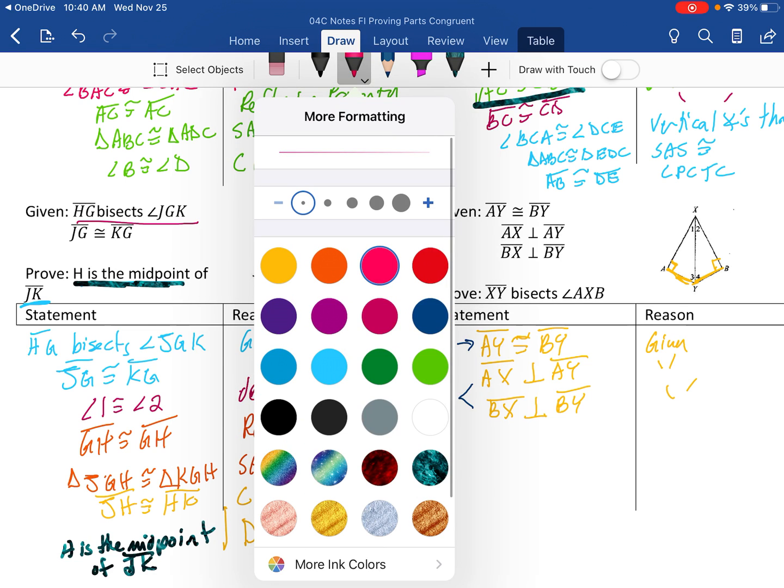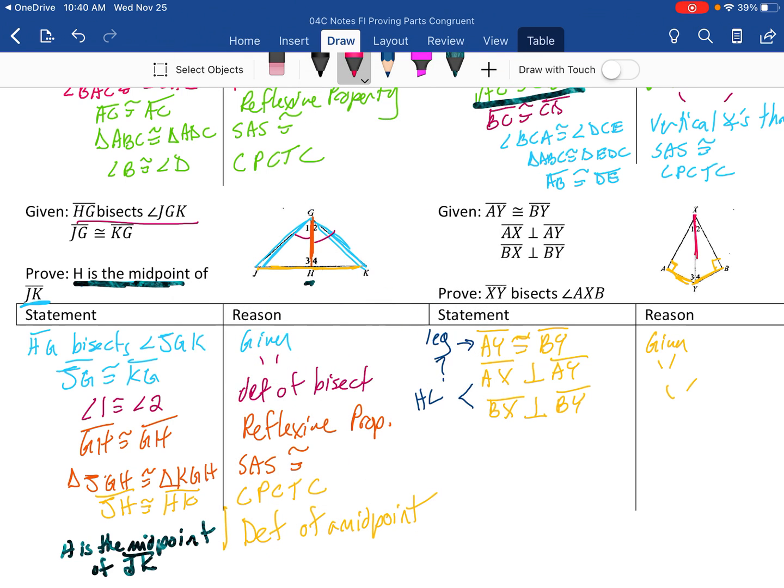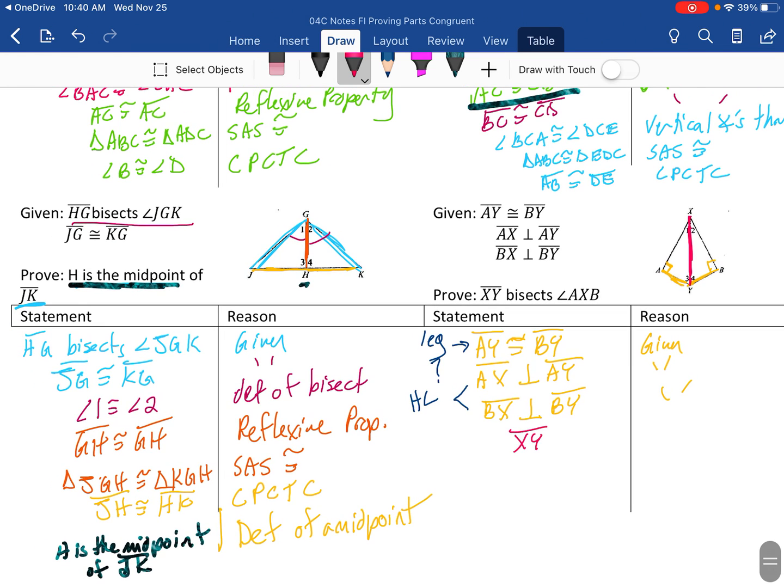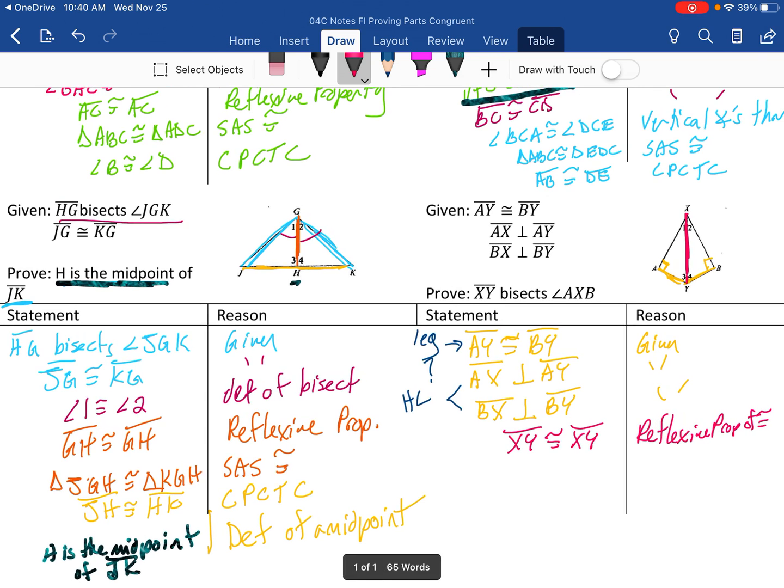And I'm looking at this diagram and I'm like, oh, yeah, because XY is the hypotenuse. So do we have a hypotenuse being equal to hypotenuse? Well, yeah, I know that XY must be congruent to XY by reflexive property. You can just write reflexive property.